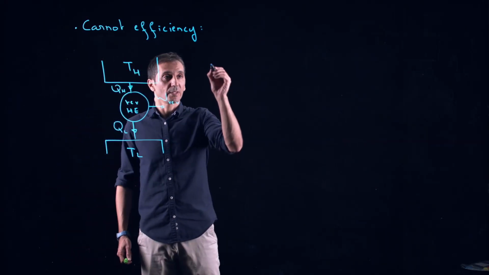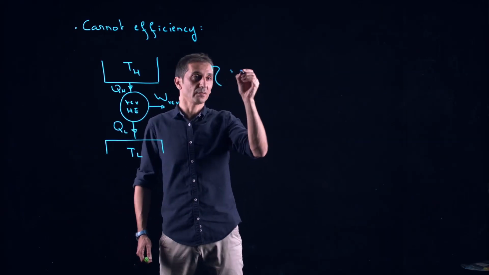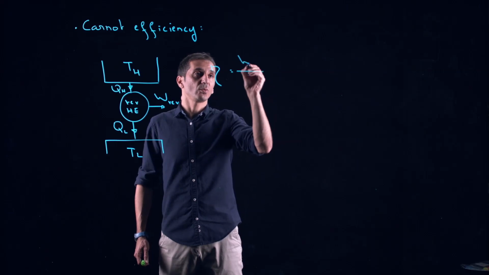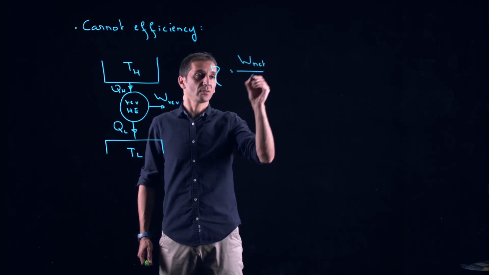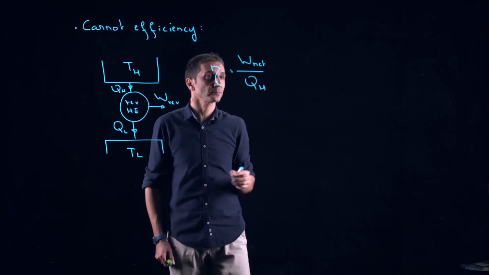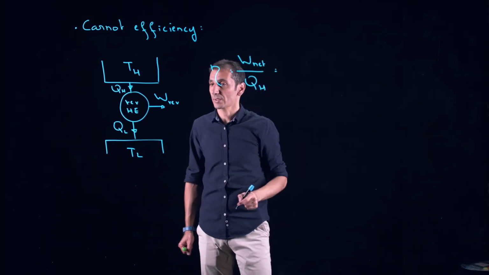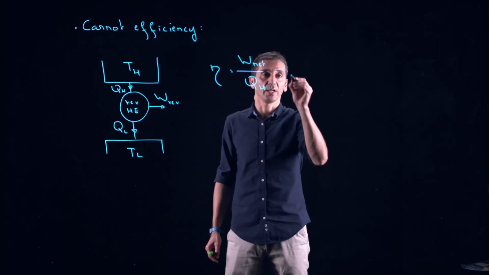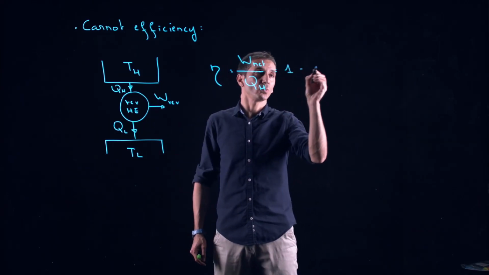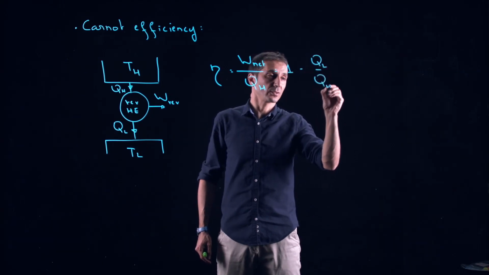Now we know that we can write that the thermal efficiency of this heat engine is equal to work net over QH. Following the first law of thermodynamics, we know that the work net is equal to QH minus QL, and this will lead us to 1 minus QL over QH. Okay?